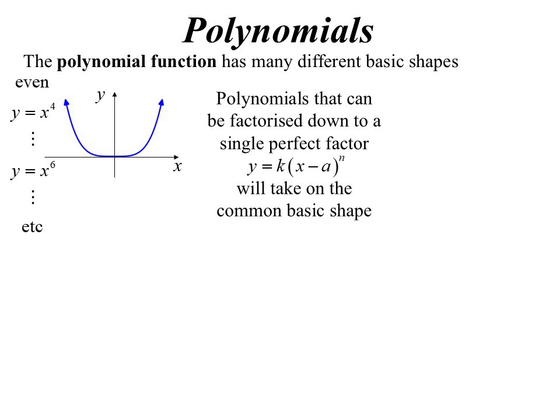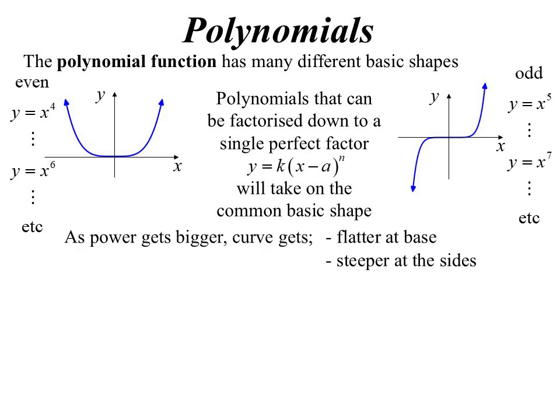I'm not going to call it a parabola because only x squared is the parabola, but it has that U shape. So x to the 4, x to the 6, x to the 8, and so on. Or it will have that inflecting shape like the cubic, x to the 5, x to the 7, and so on.